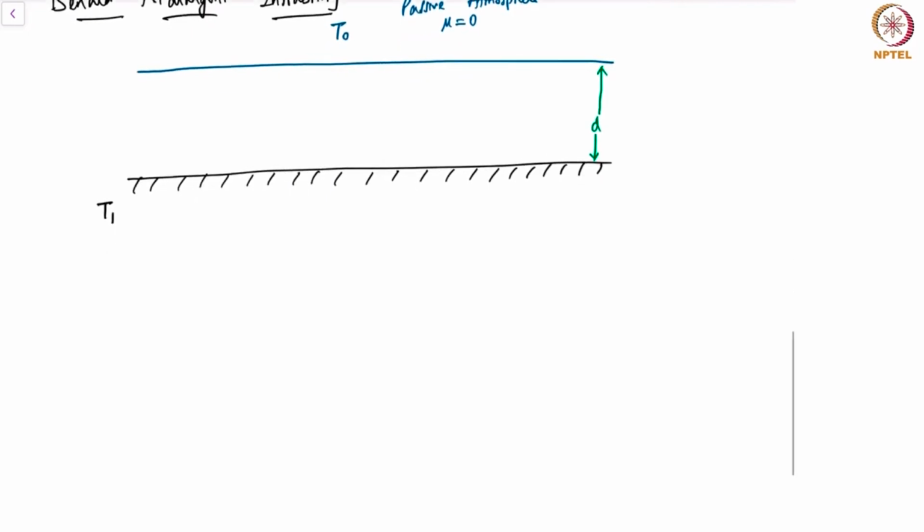One more thing I have to mention is the coordinate system. X and Y are on the plate, and Z is perpendicular to the plate. We also have a gravity term downwards.